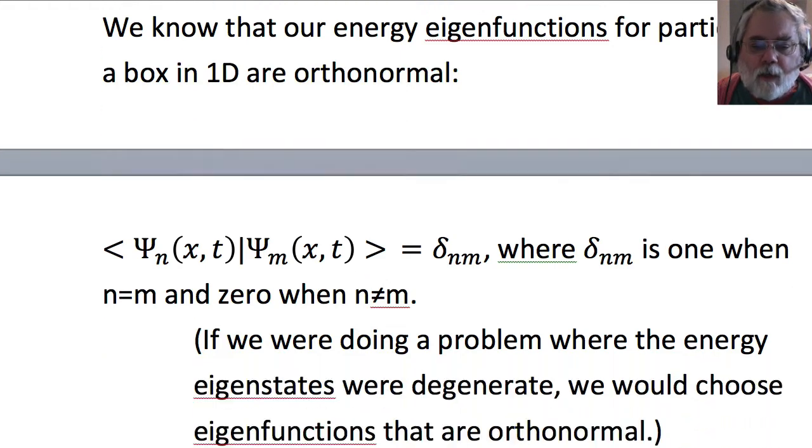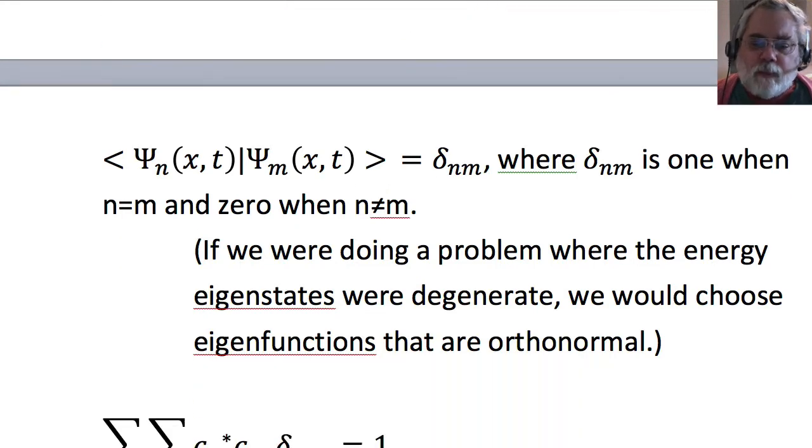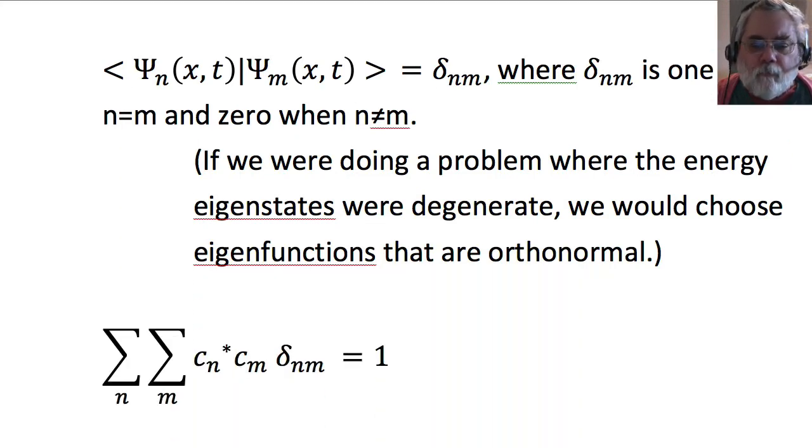If we were doing a problem where the energy eigenstates were degenerate, we would choose eigenfunctions that are orthonormal. So we end up with the sum over n of the sum over m of c sub n conjugate c sub m Kronecker delta of n and m equals 1.